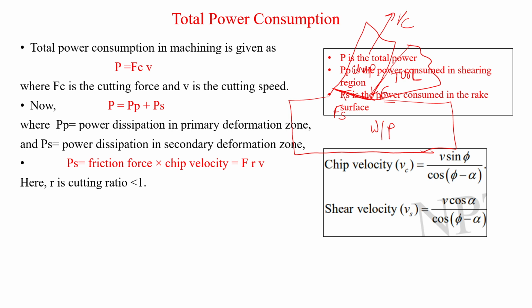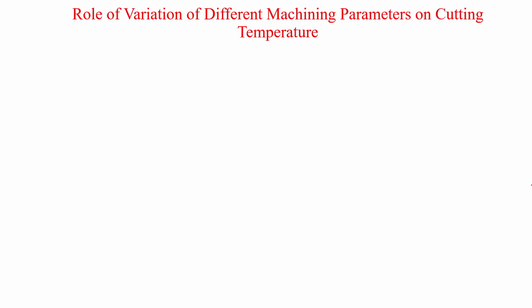Like if you know V, then we can find Vc, and if you know V, we can find Vs. So anyway you can solve. So basically you can do anything. You can calculate the forces multiplied by V and find the power. This is the major concept. Okay. Now we'll move to the next slide.